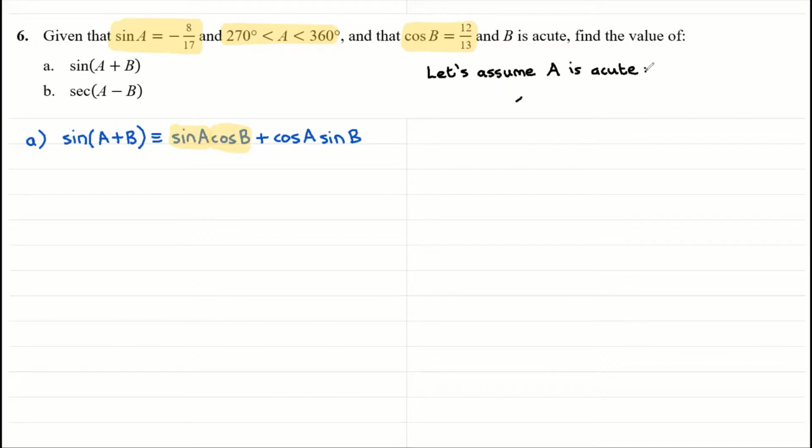Okay, so for A, if it's an acute angle, we'll label it. So we'll call this angle here A. Now, what do we know already? If it's an acute angle, it's not going to have that negative sign at the front of it. So it's going to be opposite over hypotenuse, which is going to be 8/17.